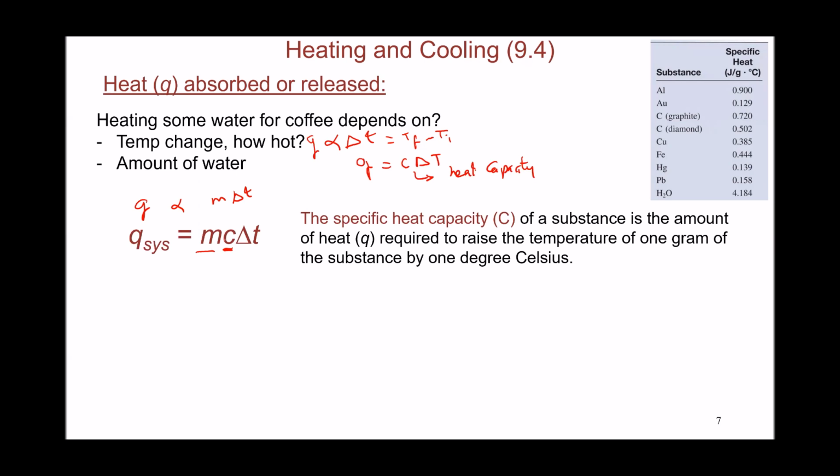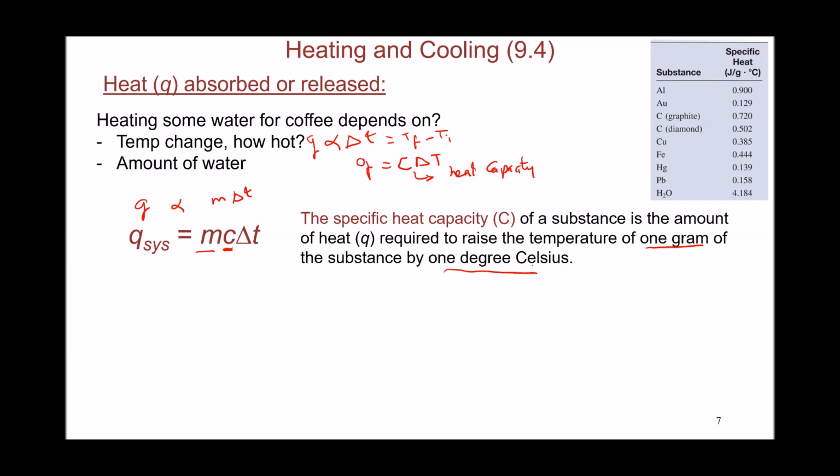To avoid confusion, the heat capacity itself, which does not take into account unit mass, is a capital C. The small c is the specific heat capacity, which is the amount of heat needed to raise the temperature of 1 gram by 1 degree Celsius.